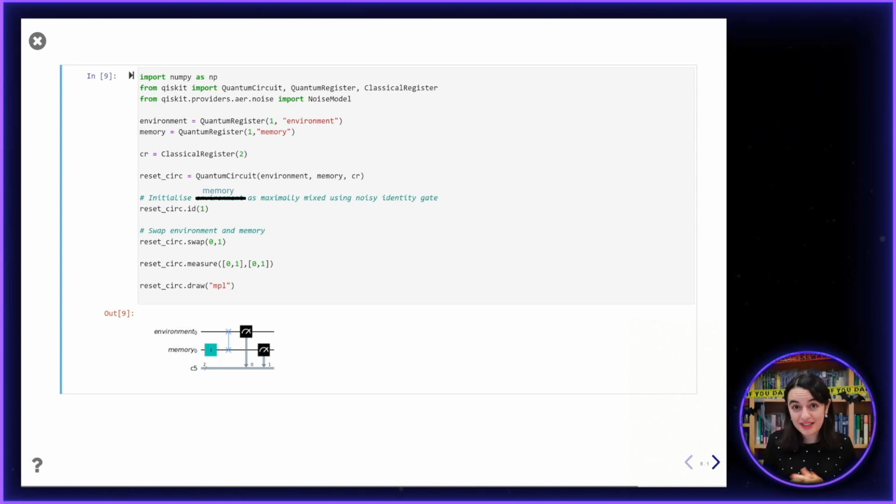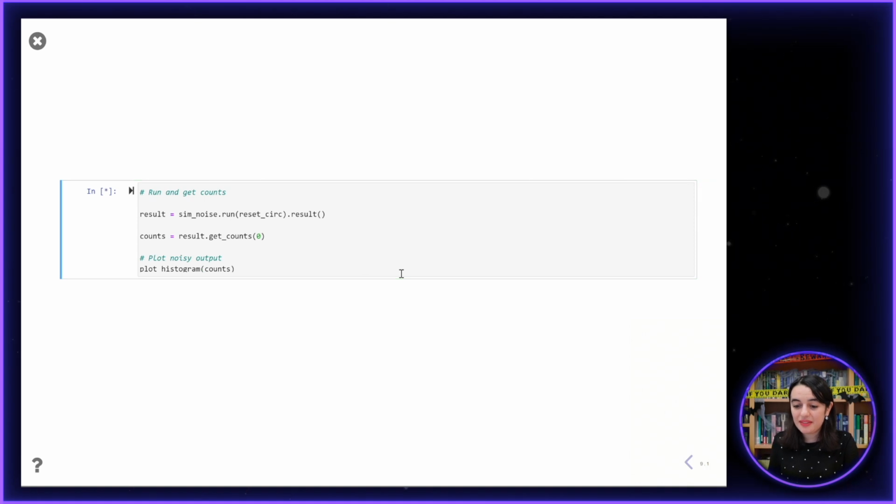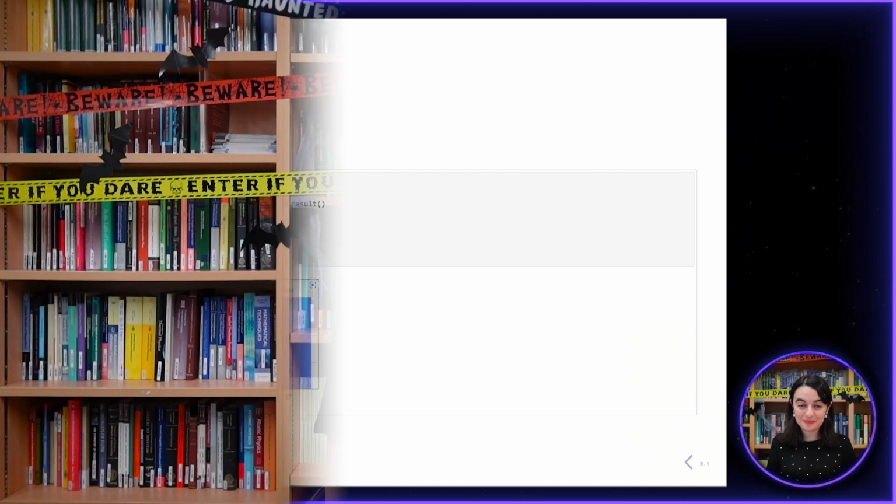So the environment's entropy has increased, and that's the price we pay for erasing the memory of the qubit, of the memory qubit, and resetting it to 0. And we can see by running this circuit that we end up with the memory being in the fixed 0 state and the environment being randomly 0 or 1 at the end of the circuit.